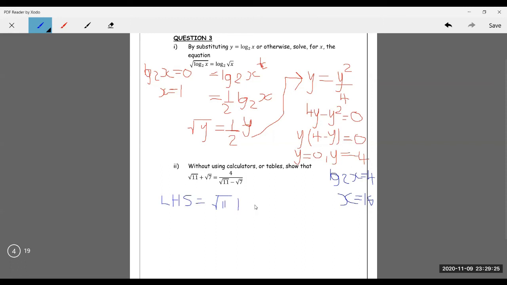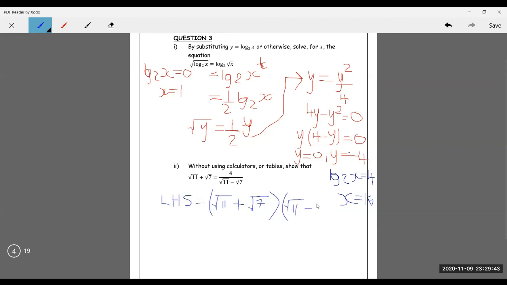We would multiply root 11 plus root 7 by root 11 minus root 7, and we would end up with a difference of 2 squares.